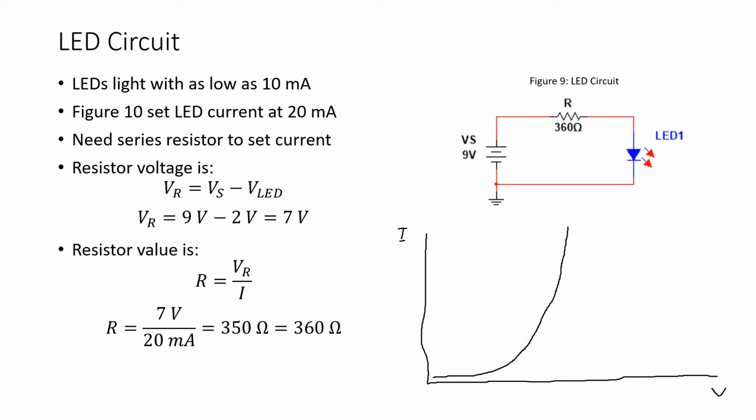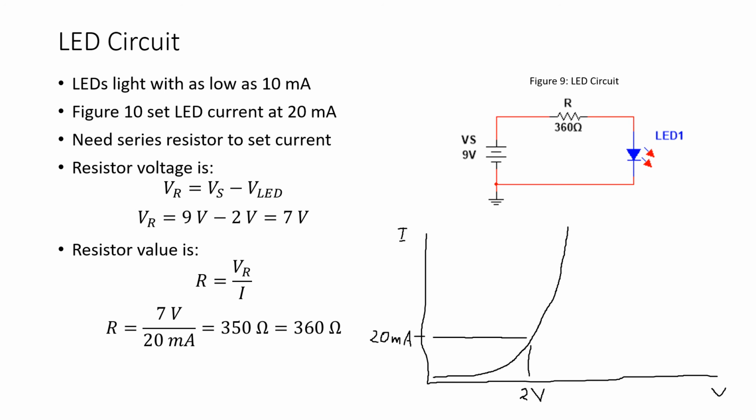And when the current is 20 milliamps, the voltage across the LED will be approximately 2 volts. Again, we're given that the voltage across a red LED ranges anywhere from 1.8 to 2.1 volts depending upon the dopants.